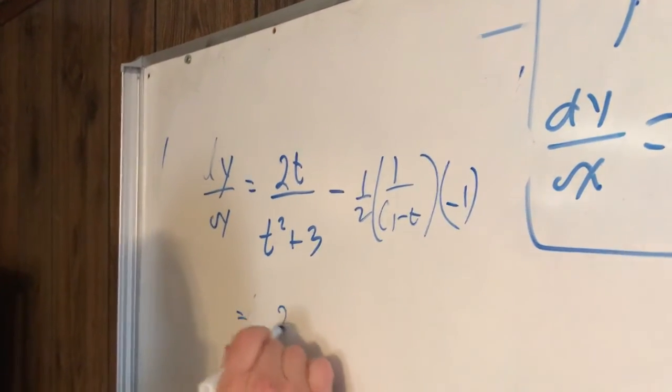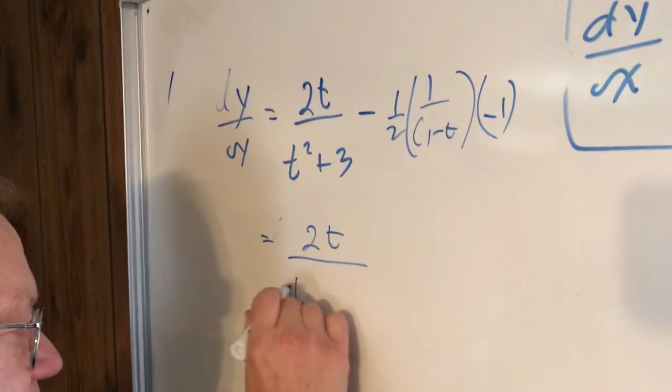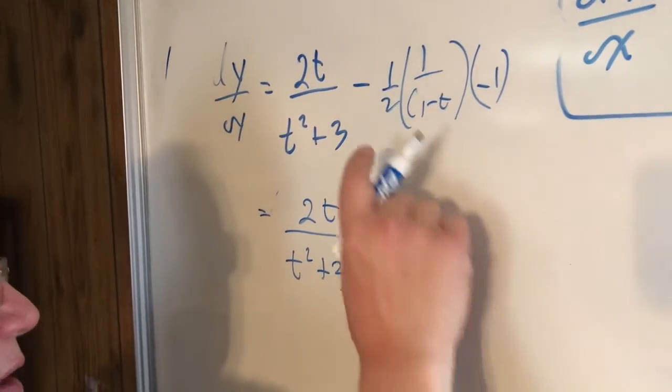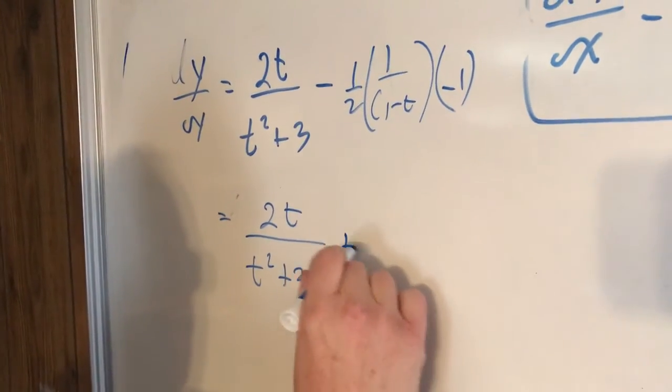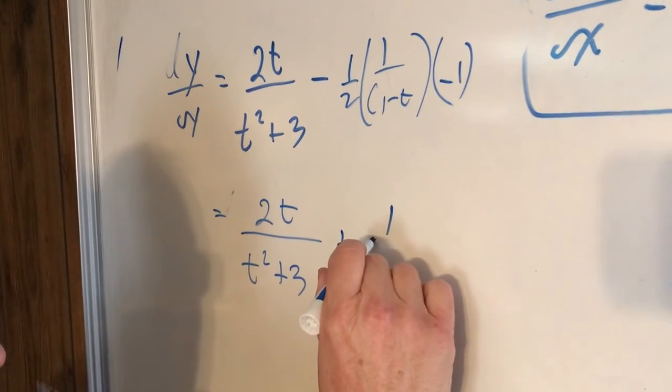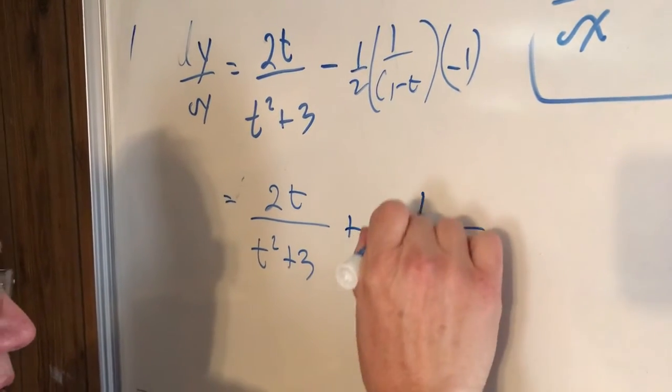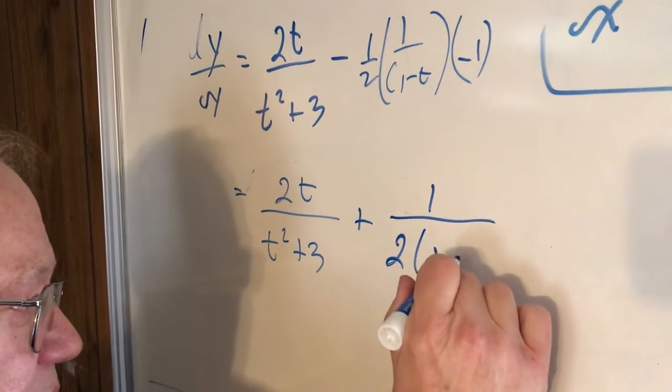So the answer is going to become 2t over t squared plus 3. Minus times a minus is a plus. 1 over 2 times 1 minus t.